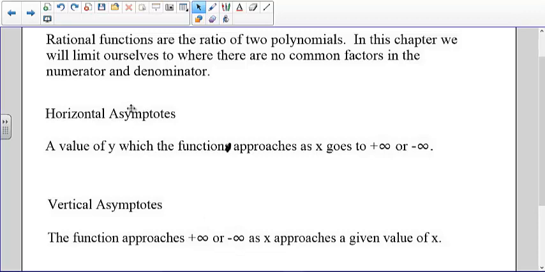To look at horizontal asymptotes, we have to look at both the numerator and the denominator. For vertical asymptotes, we really just need to look at the denominator. And where the denominator equals 0, the values of x where the denominator equals 0, is the point where you have vertical asymptotes.